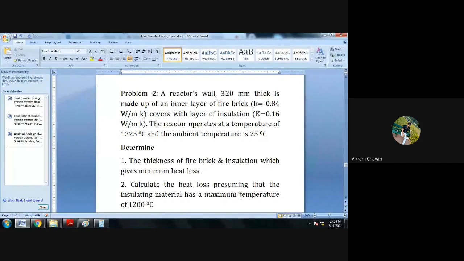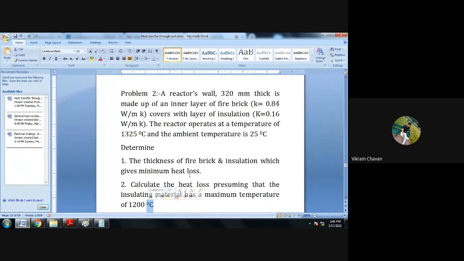We know that the main function of the insulating material is to reduce the heat loss to the surrounding. So obviously the highest temperature will be at the start of that particular wall.